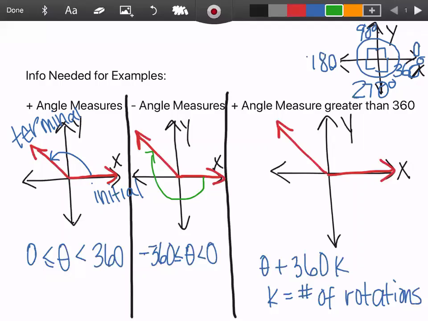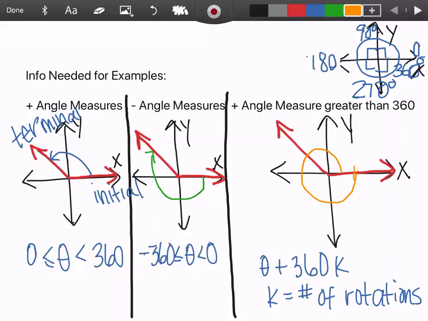And then we also have a positive angle measure greater than 360 degrees. So to find that angle measure, or to look at the picture, we're going to start at the initial side. We're going to go past the terminal side because we want greater than 360. So we need to make a full loop of the XY axis.